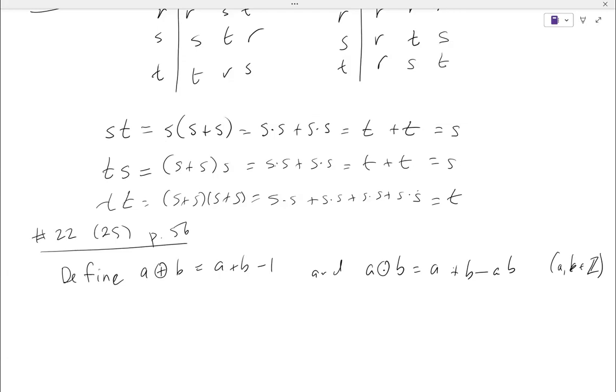Didn't change anything. How about commutativity for multiplication? Might as well do it while we're here. If I do B ⊙ A, what do I get on the right-hand side? Yeah, B plus A minus BA, but again, all those are the ordinary operations. I get the exact same thing back again, right? So addition is commutative, multiplication is commutative, right?